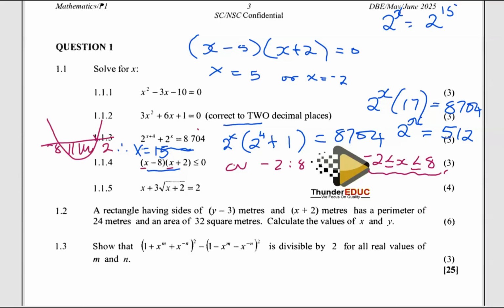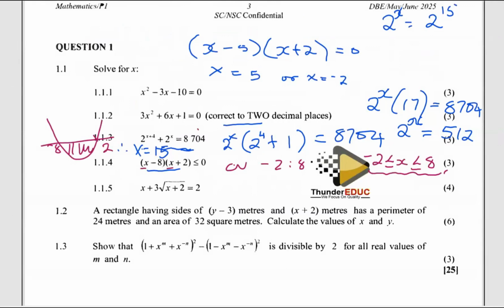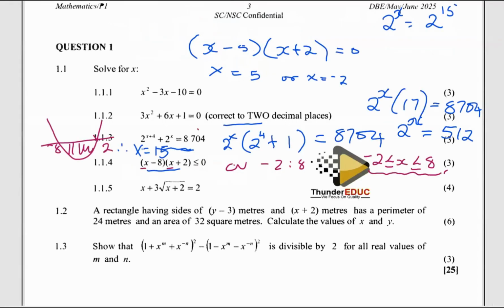Then 1.1.5, let's jot it aside. So we're saying x plus 3 square root of x plus 2, and then this should be equivalent to 2.